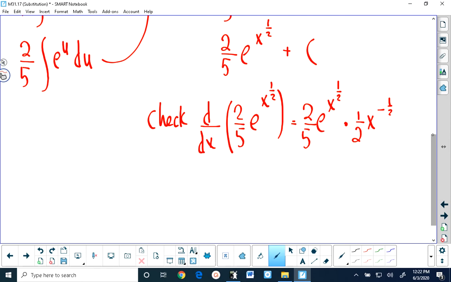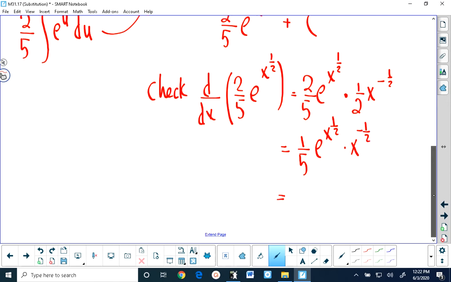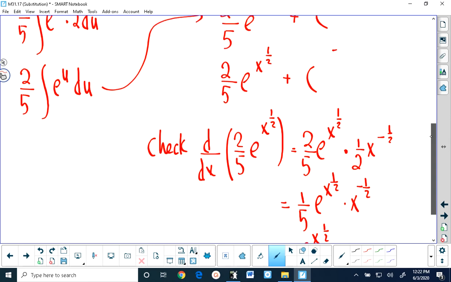So what happens here is the 2/5 multiplied by the 1/2 gives you 1/5. Then we have e to the x to the half times x to the negative half. Well, that is e to the x to the half over 5x to the half, which is what we were asked to anti-differentiate. So it worked. So this is the answer.